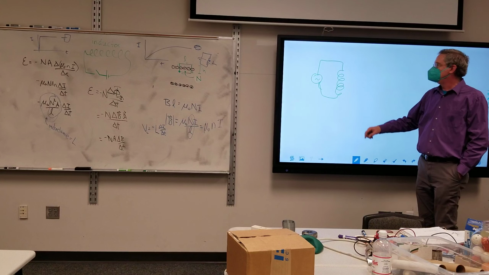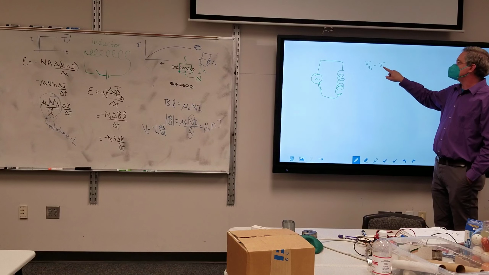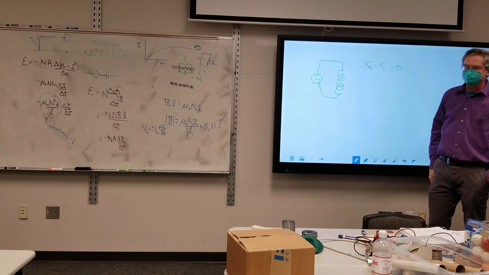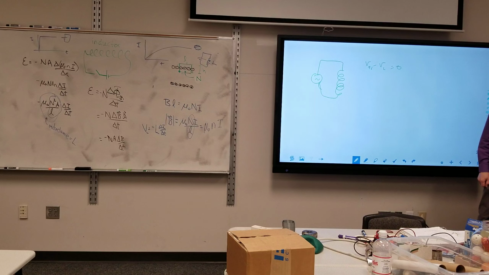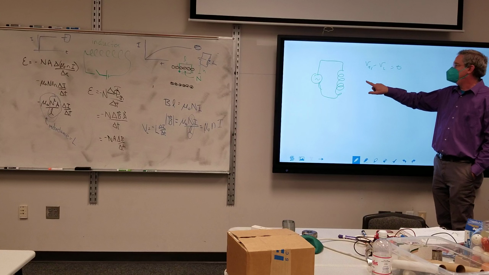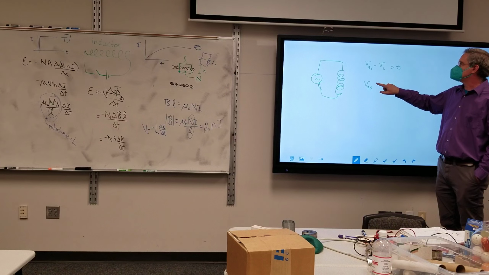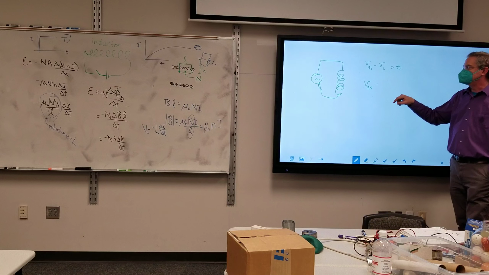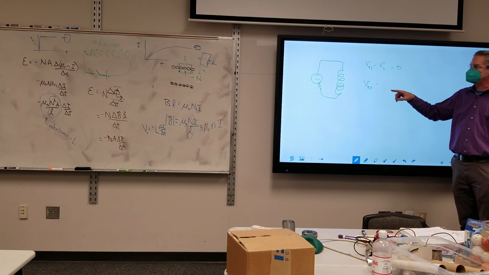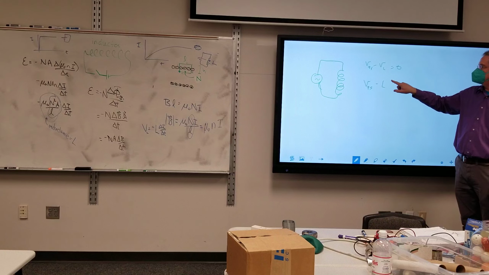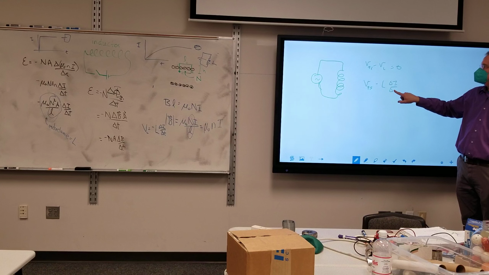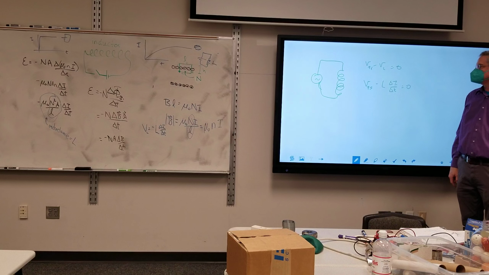I know the voltage for the power supply minus the voltage across the inductor is going to be equal to 0. V_s minus, I know I have a minus sign over there, I'm taking the minus sign already into account, so minus L delta I over delta t is equal to 0.